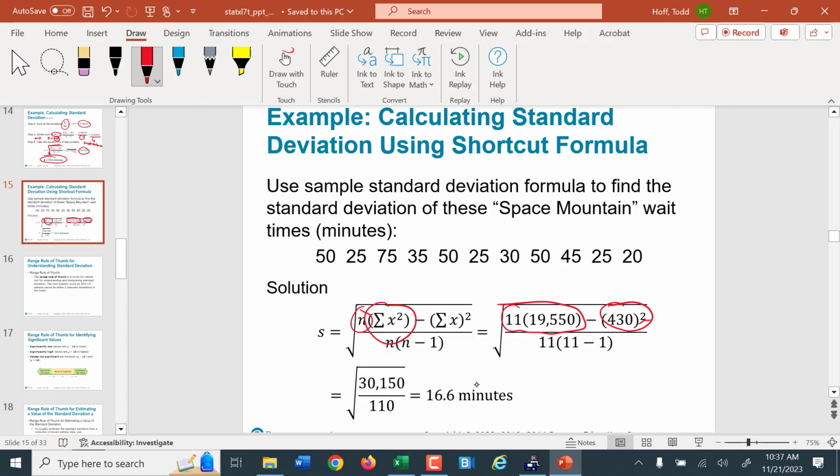And then on the bottom, it's n times n minus 1. So n's 11, n minus 1 would be 10, so 11 times 10 is 110. We divide that out, square root, we get 16.6 minutes.